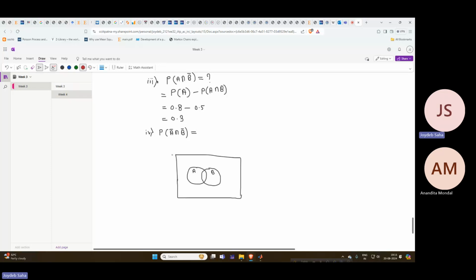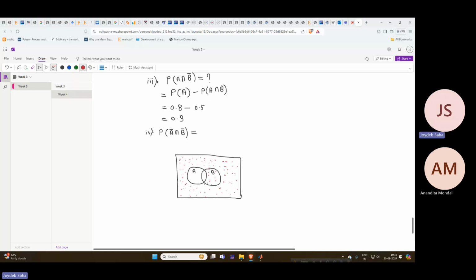Now if we say what area is A complement, this whole area, if we take everything other than A, right? Even this part of B is also under A complement.